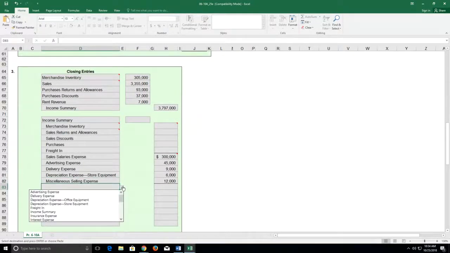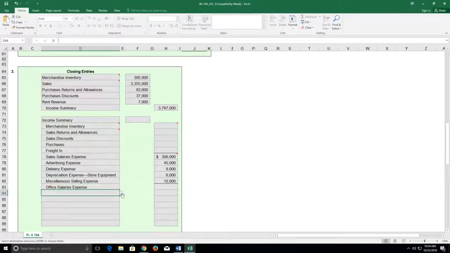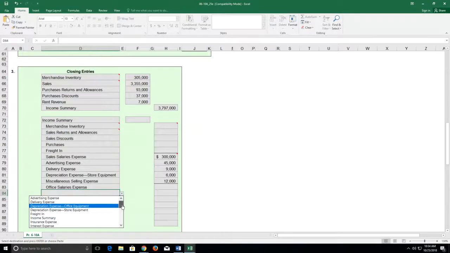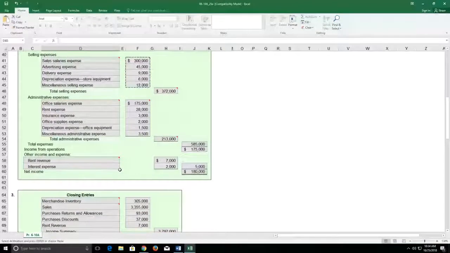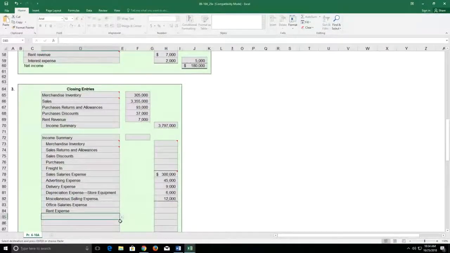And then we'll start off with our office. Office salaries. And then after office salaries, we have rent. And after rent, we had insurance.